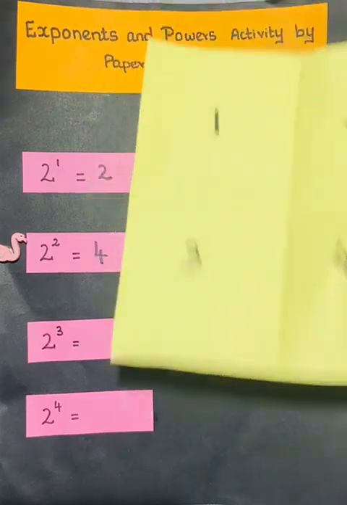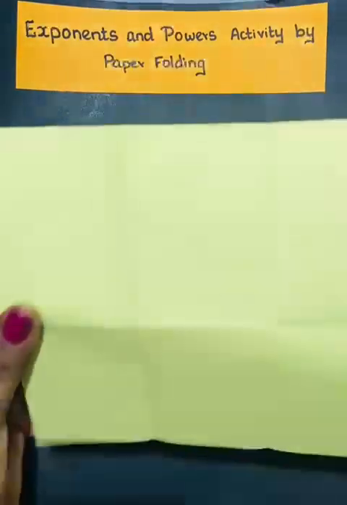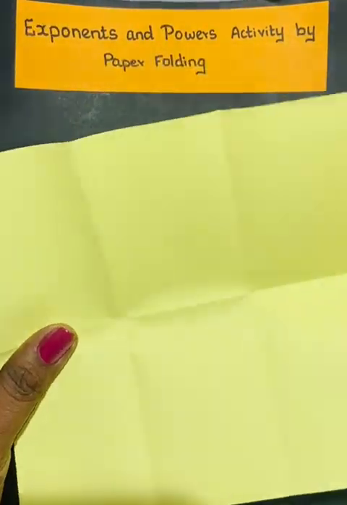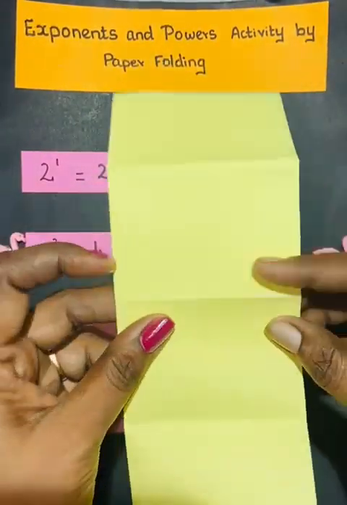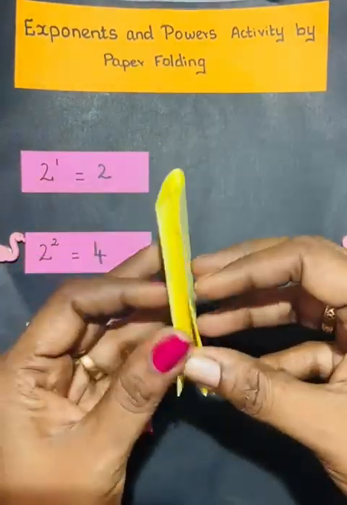Next one, 2 to the power 3. That means we have to fold 3 times. 1, 2, 3. So I folded 3 times.